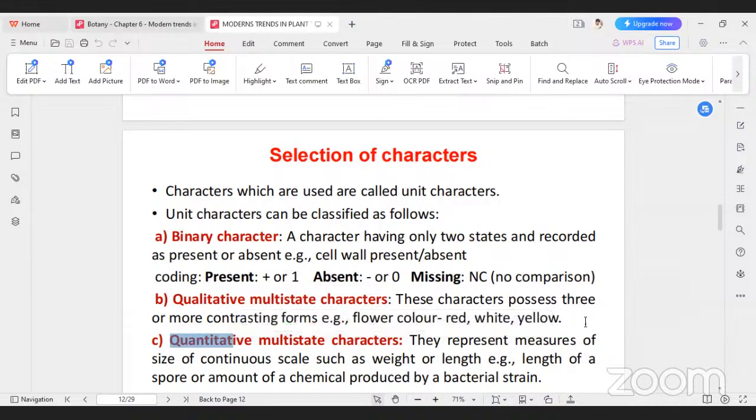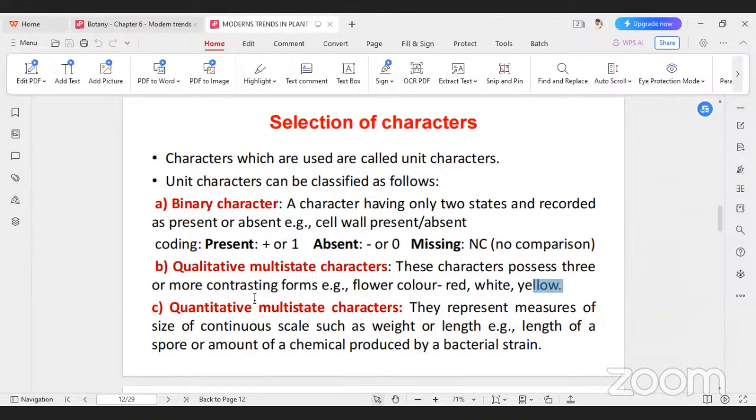This character possesses three or more contrasting forms. Here multi means more than two. For example, flower color: red, white, yellow. Color is one character, but it has different types of color: red, white, yellow.